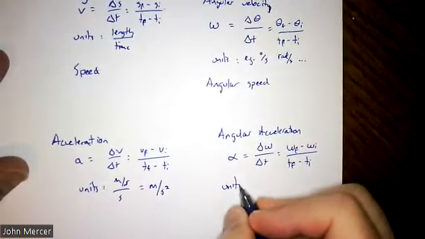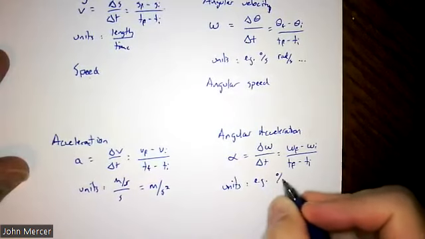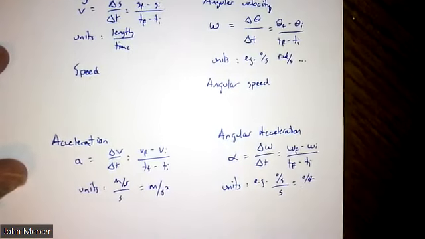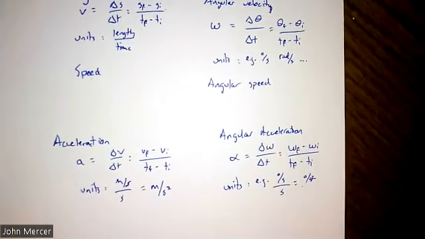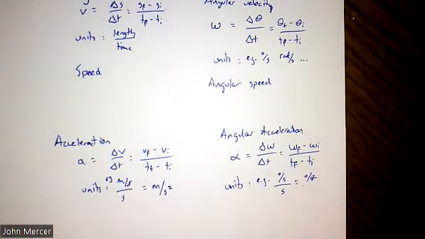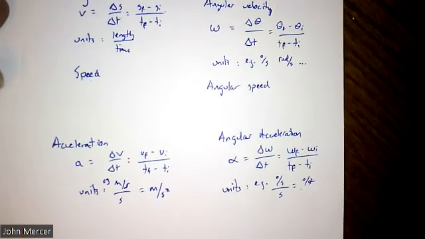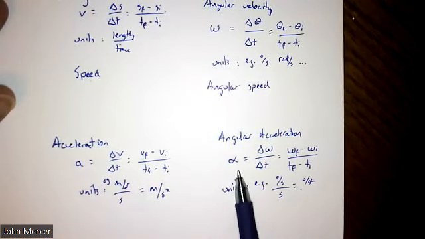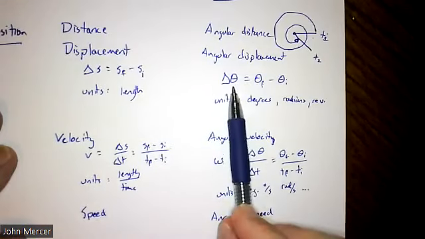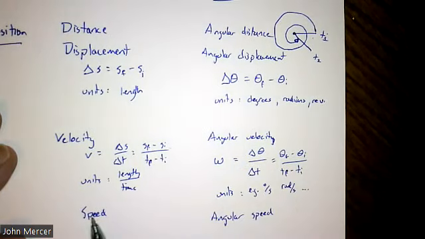Units are any units of angular velocity over any units of time, which would be the same as degrees per second squared, degrees per second, what have you. Okay, so those are our kinematic equations that are in our biomechanical toolbox. Angular acceleration, linear acceleration, angular velocity, linear velocity, angular displacement, linear displacement, distance, angular distance, speed, angular speed.